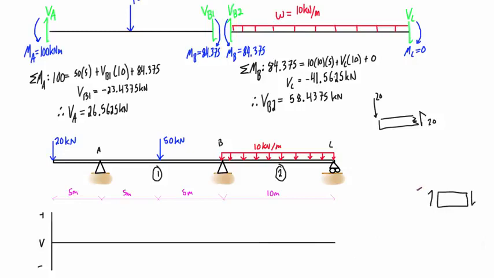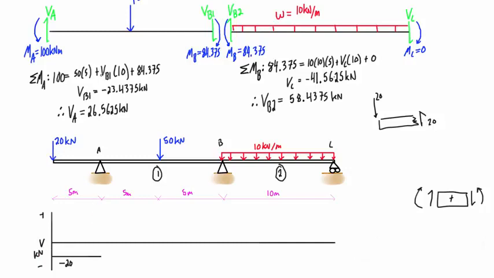So in this first region we get minus 20 kilonewtons, and we'll make that a nice straight line right out until we hit A, and label it minus 20 kilonewtons. The whole diagram is in kilonewtons.